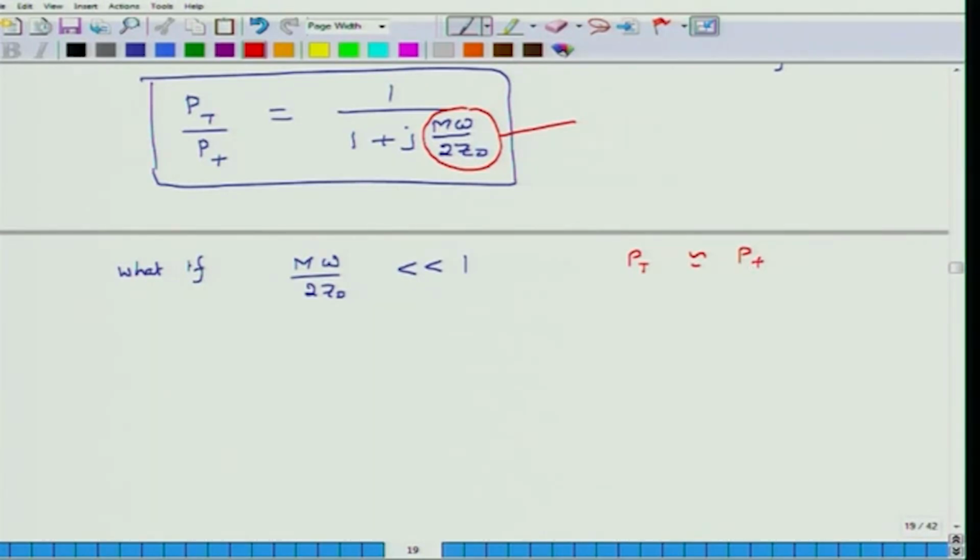So if M omega over 2 Z naught is extremely small compared to 1, I can also say M omega is extremely small compared to 2 Z naught, or M times f times 2 pi is extremely small compared to 2 Z naught, or I can simplify this further.